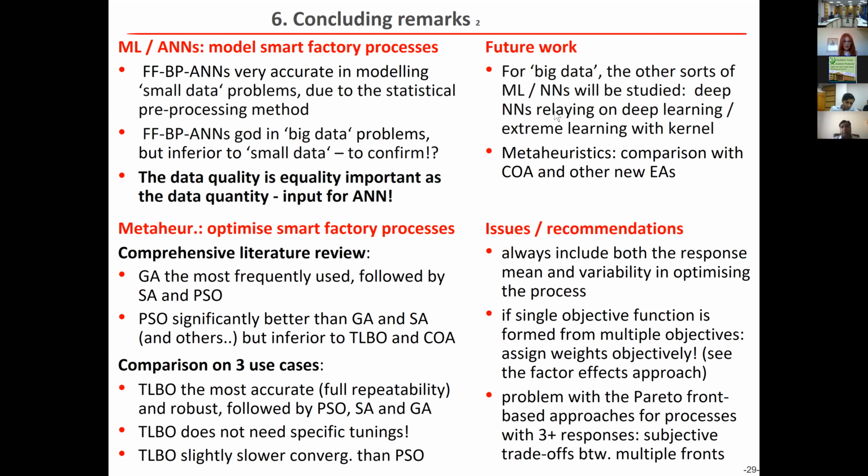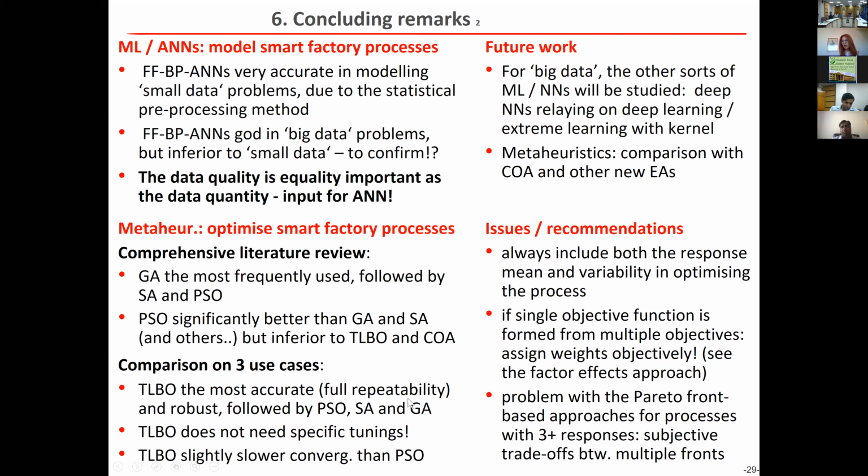to model the process. Regarding meta-heuristics, a comprehensive literature review showed that PSO is significantly better than all the other algorithms except TLBO and Cuckoo search. In this case study, TLBO really showed us excellent results, so I would highly recommend it for usage.